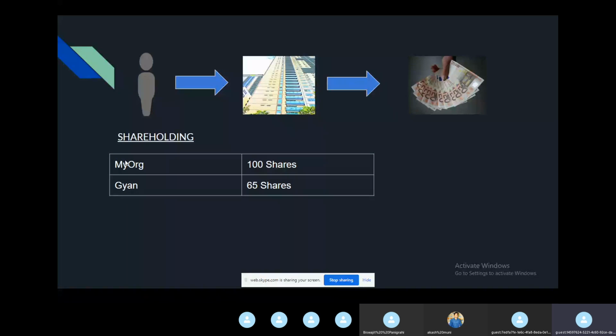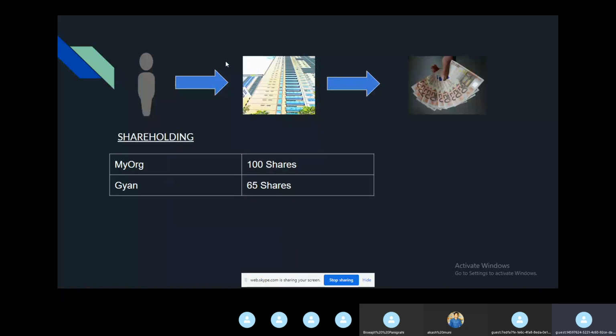Let's say the organization name is MyOrg, which has 100 shares, and this is the person we are talking about. He is the owner named Gyan, who has 65 shares. That means Gyan has 65% of the shares of this organization. From the 100 shares, he has 65 shares.